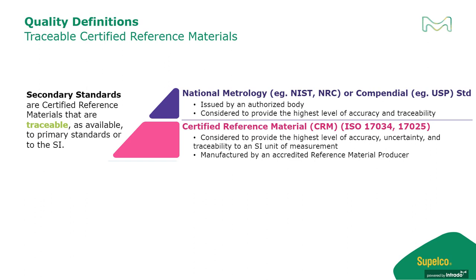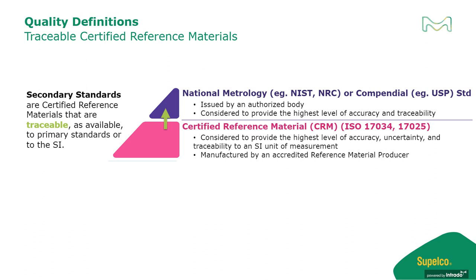So secondary standards are certified reference materials, and they check all of the boxes in that they are evaluated for homogeneity, stability, and content, and also an associated uncertainty is determined and provided on the C of A. But what makes the secondary standards unique is that they are traceable, as available, to a compendial standard and additionally to the SI.